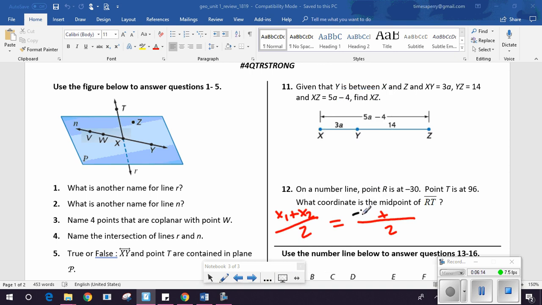We have a negative 30 and a 96. So that would give me 66 over 2 when you add those two, which would end up being 33. So 33 is the midpoint. And it is okay to have negatives as midpoints. It's okay to have decimals as midpoints.